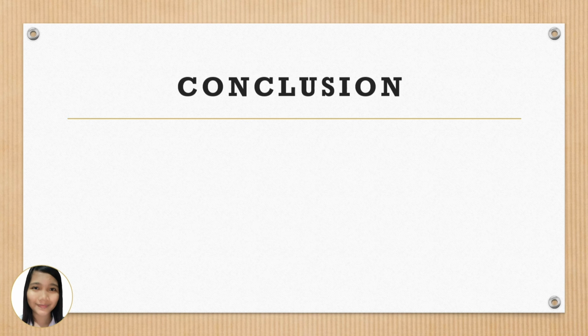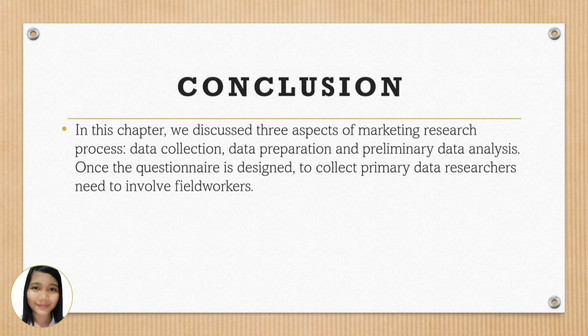Now guys, since the previous reporter already discussed the topic, now let's jump to its conclusion. In this chapter, we discussed three aspects of the marketing research process: data collection, data preparation, and preliminary data analysis.